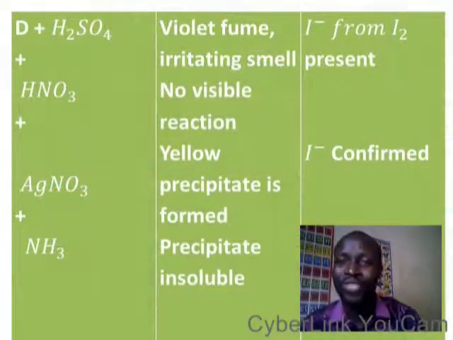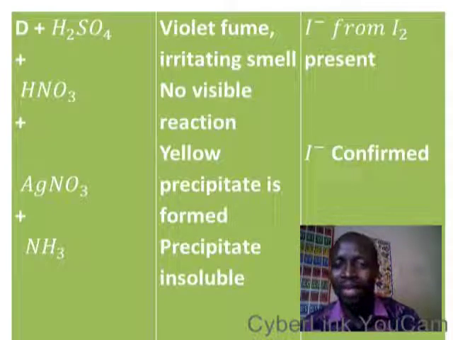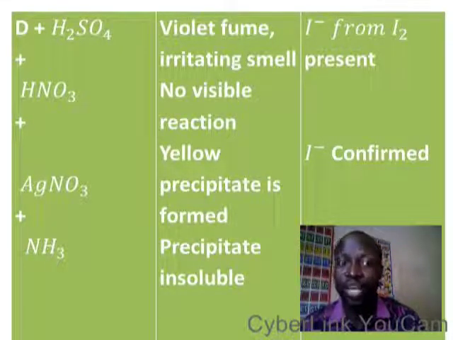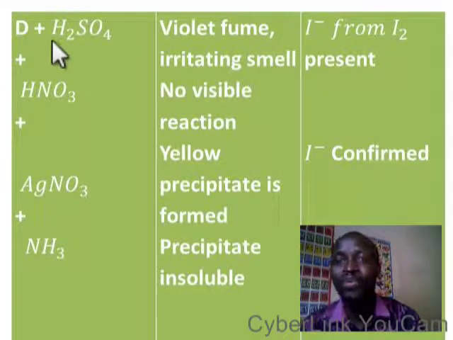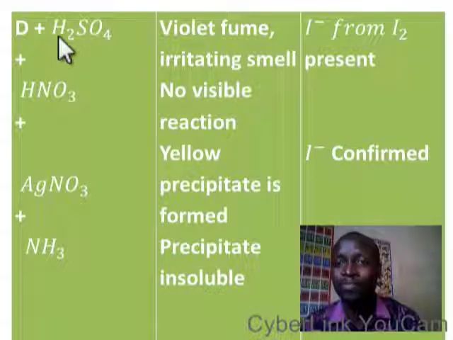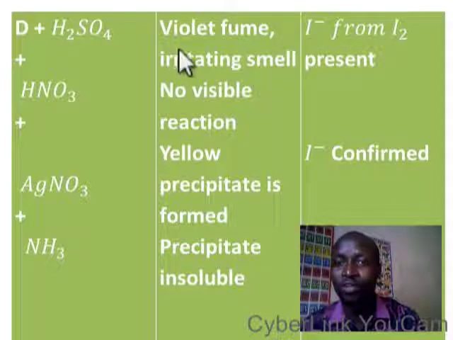I just want to pick this slide one more time. I want you to understand that repetition is a way of laying emphasis. So let your chemical equation be balanced as you listen to this slide one more time. When you take a sample of D, you add dilute H2SO4, violent brown fume.